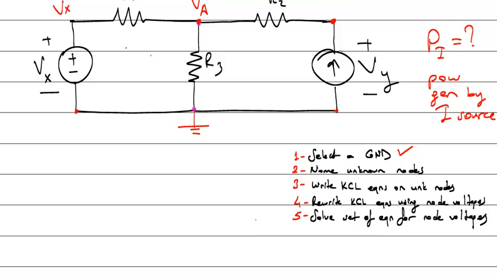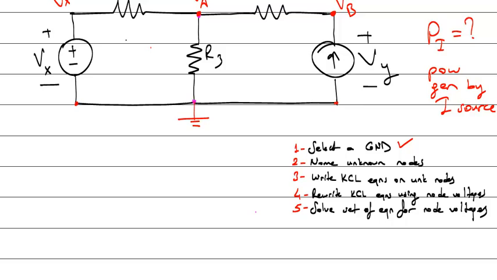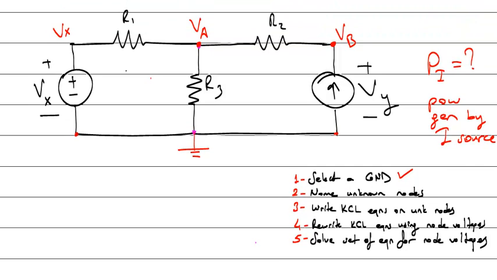It says the difference between these 2 points is Vy. Negative side is 0. So what will be the positive side? Vy. Or you can say, let this be Vb. Because I don't know Vy, I don't know Vb. So how many unknowns are there? 2. Va and Vb. I have named the nodes.